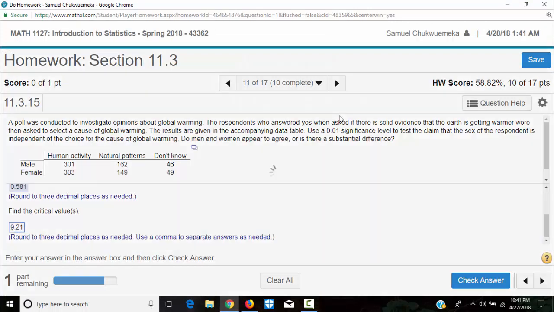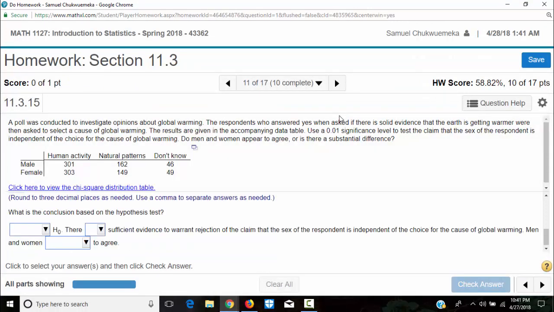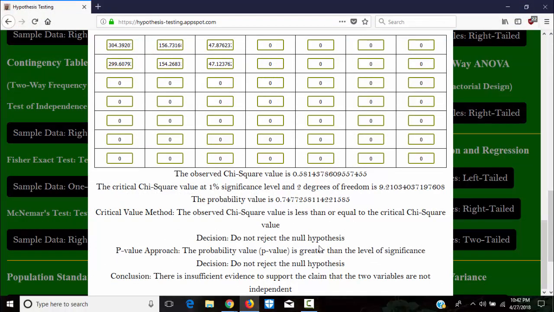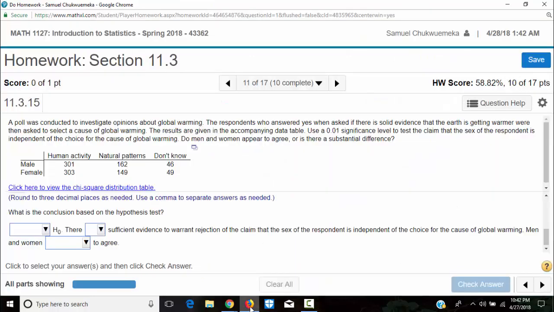It does not matter. Based on the test, we do not reject the null hypothesis. There is insufficient evidence to support the claim of the alternative. So we fail to reject the null.